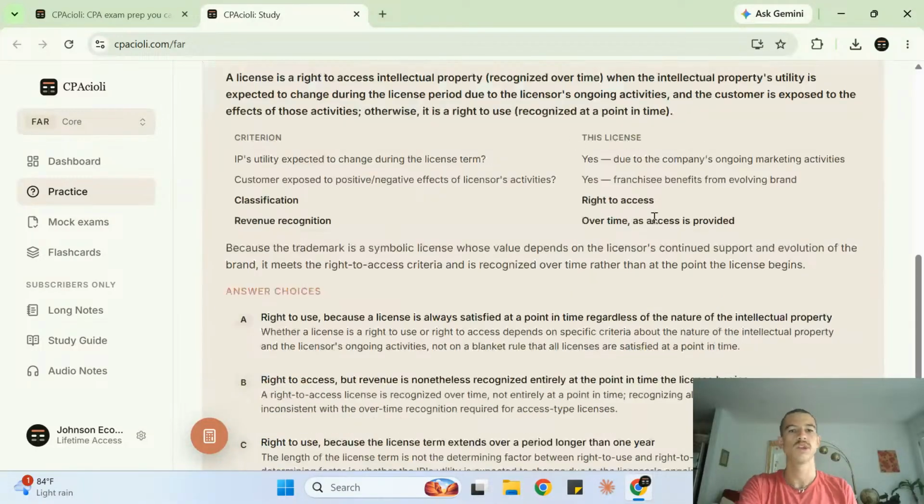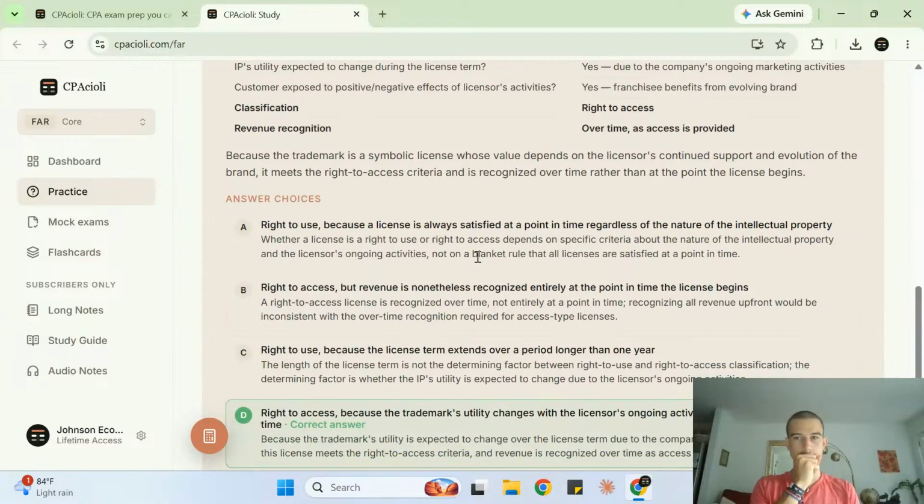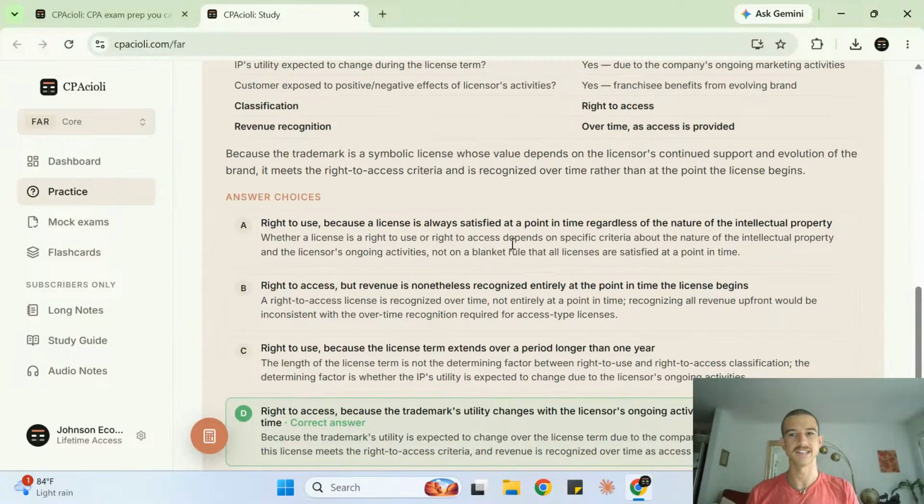A license is a right to access intellectual property, recognized over time, when the intellectual property's utility is expected to change during the license period due to the licensor's ongoing activities and the customer is exposed to the effects of those activities. Otherwise, it is a right to use, recognized at a point in time. Because of this, it's a right to access, over time, as access is provided.